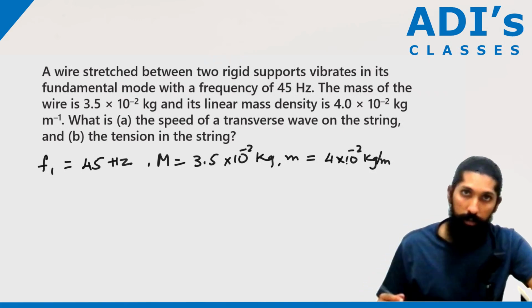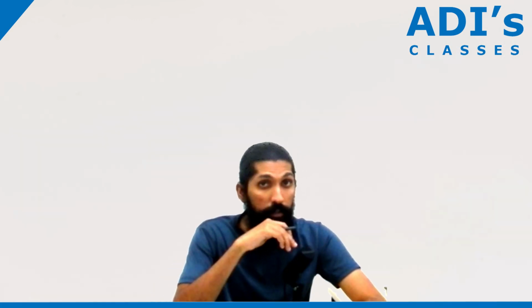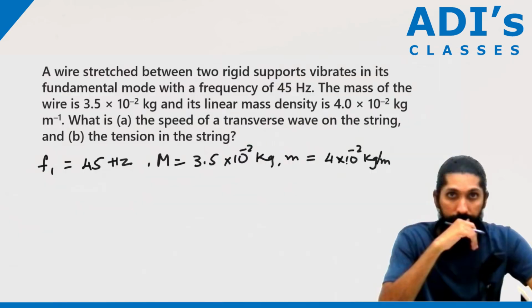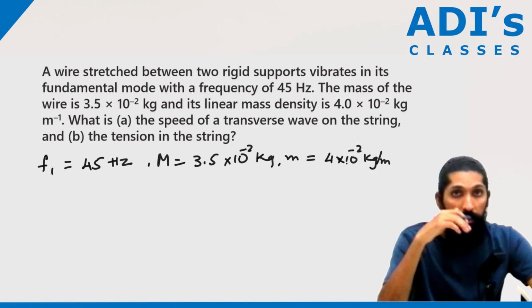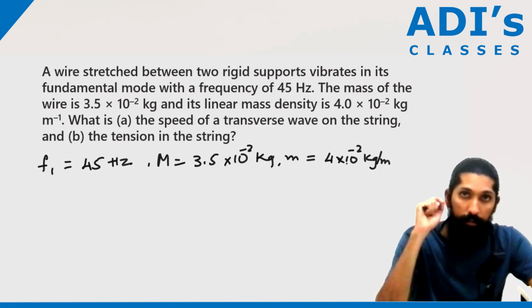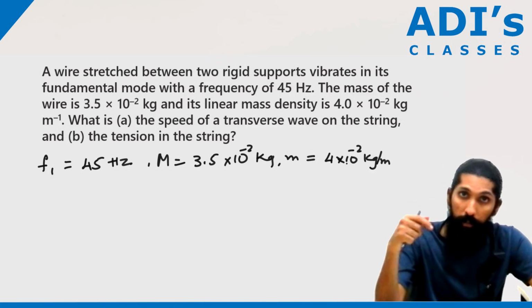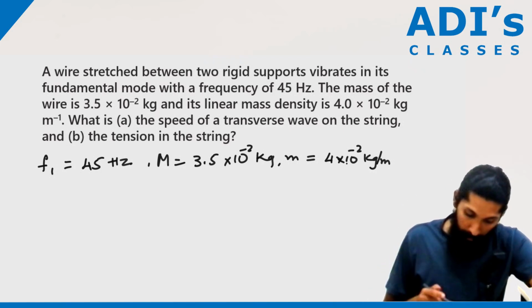Now let's try to solve this one. To approach this one, we can use another formula, that is v is equal to f lambda. Correct? Or we can also use another one, that is, we can calculate the length. How? Using mass per unit length. See, what do we have?